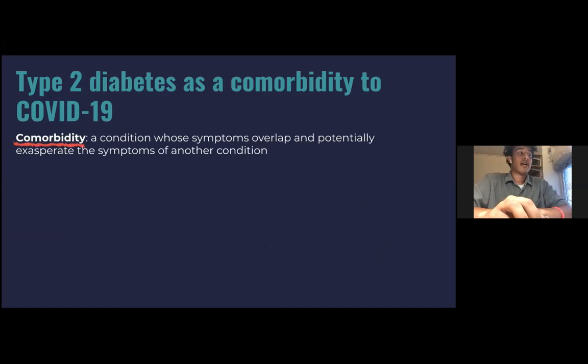Then let's say that they contract a respiratory illness like the cold or the flu. The symptoms of that respiratory illness could potentially exacerbate the pre-existing asthma that this person has. And as you can imagine, breathing can become much more difficult for them. So we would say that asthma is then a comorbidity for that respiratory illness.